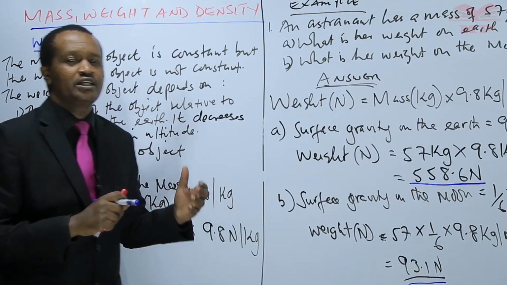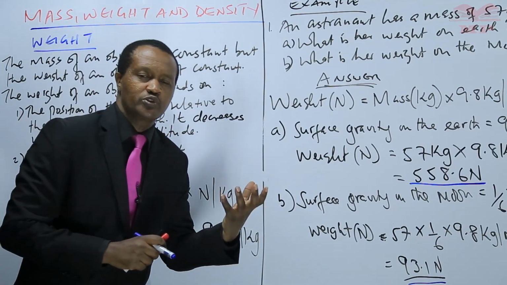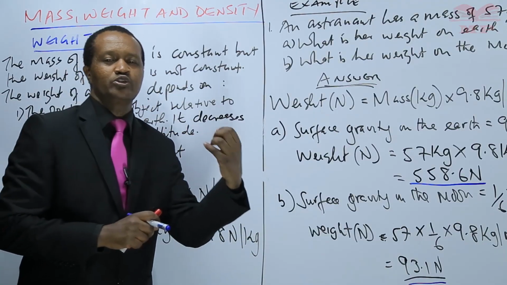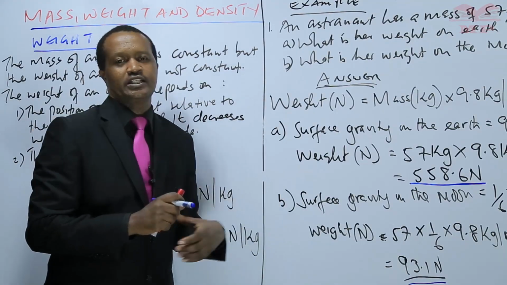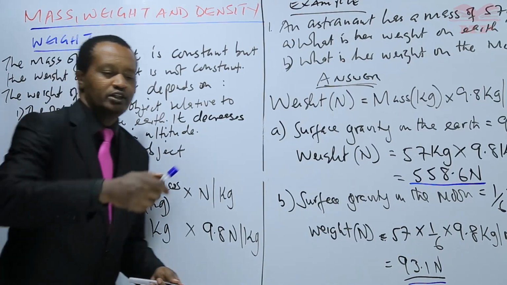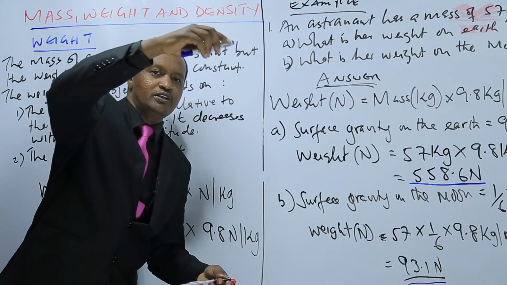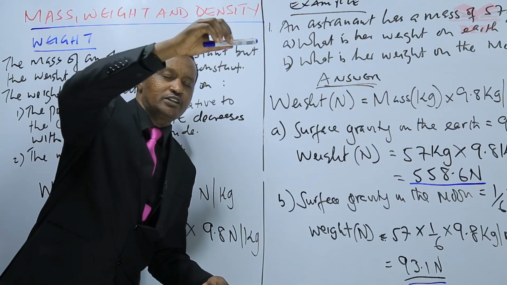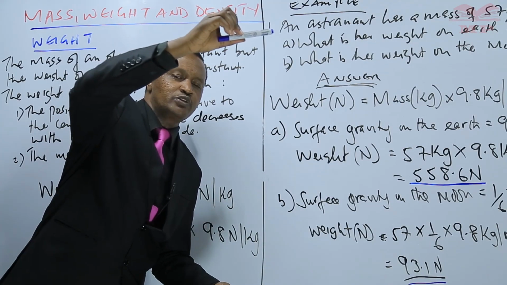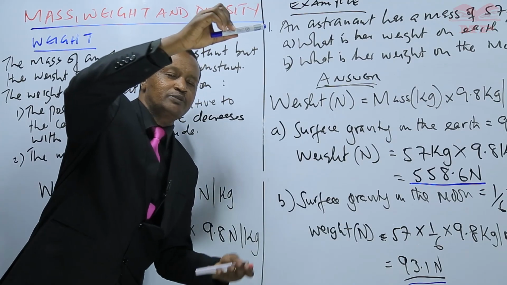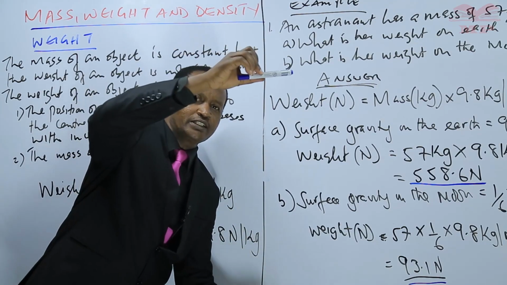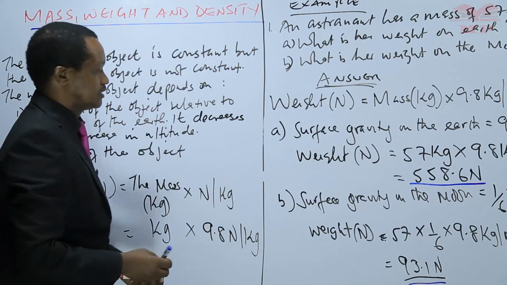The reason is weight is a force, a pull. That pull increases as you move closer to the center of the Earth. I gave an example of this pen. If I was to surrender this pen to the force of gravity, then this pen will drop towards the center of the Earth.